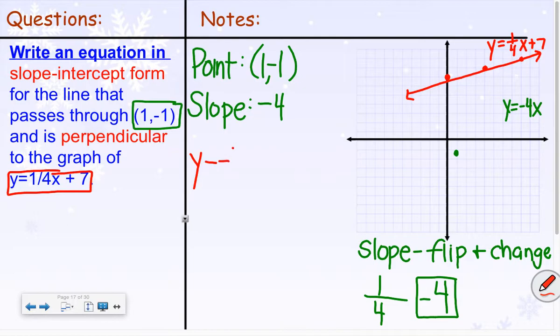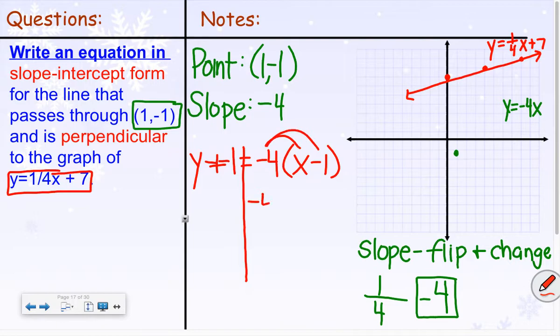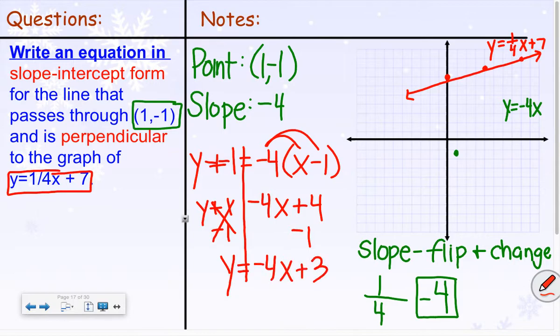So y minus -1 equals my slope times x minus 1. Get it into slope-intercept form by distributing. So my equation is y equals -4x plus 3.